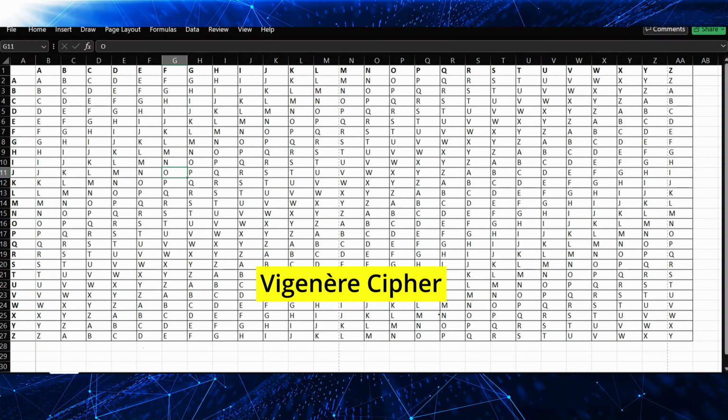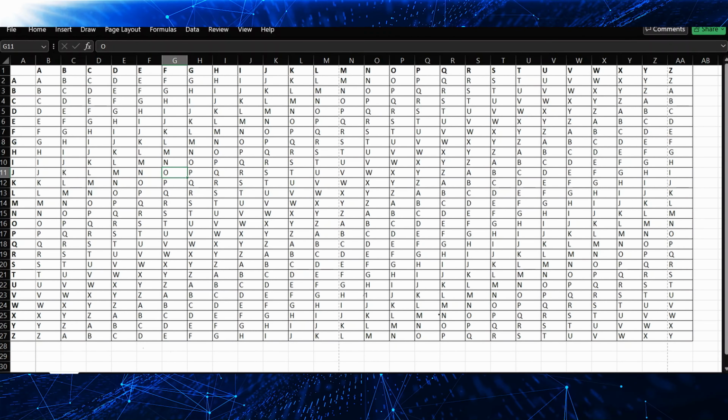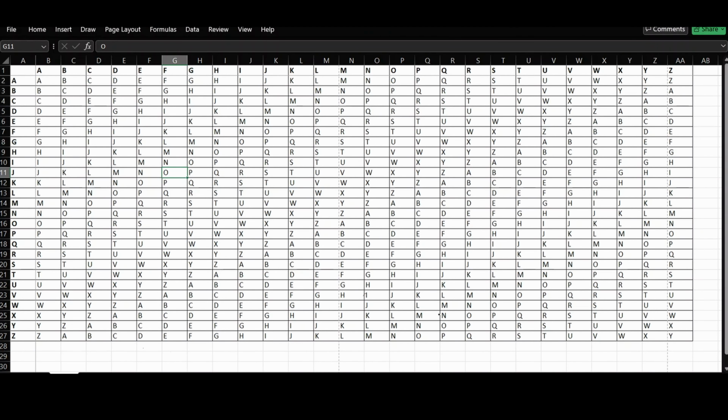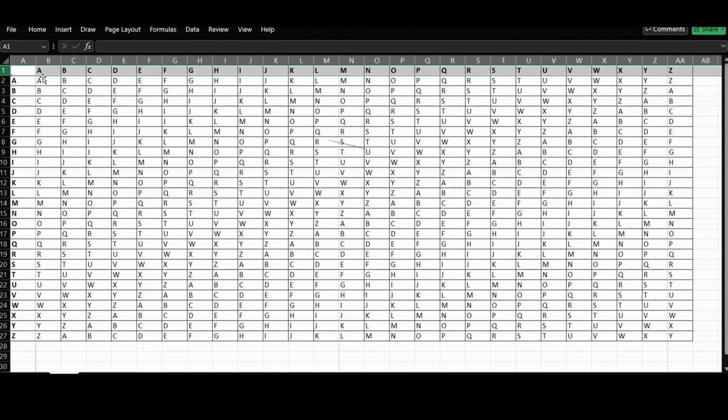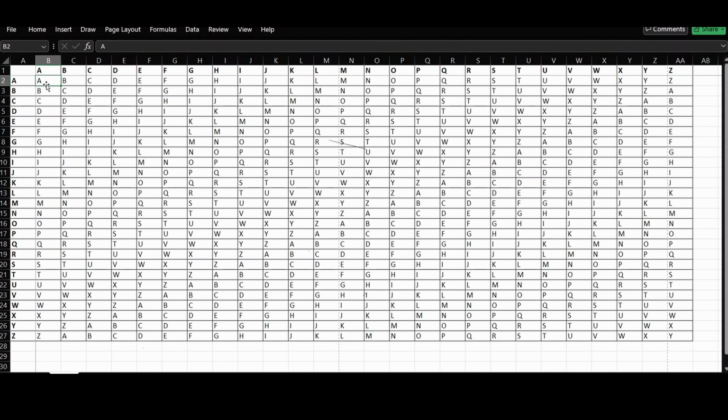The Vigenère Cipher is a polyalphabetic substitution cipher in which each character is substituted by a different character. The row is a combination of A to Z, and we have the first row starting with A, and the second one starting with B, and so on up to Z, and then repeated by A.